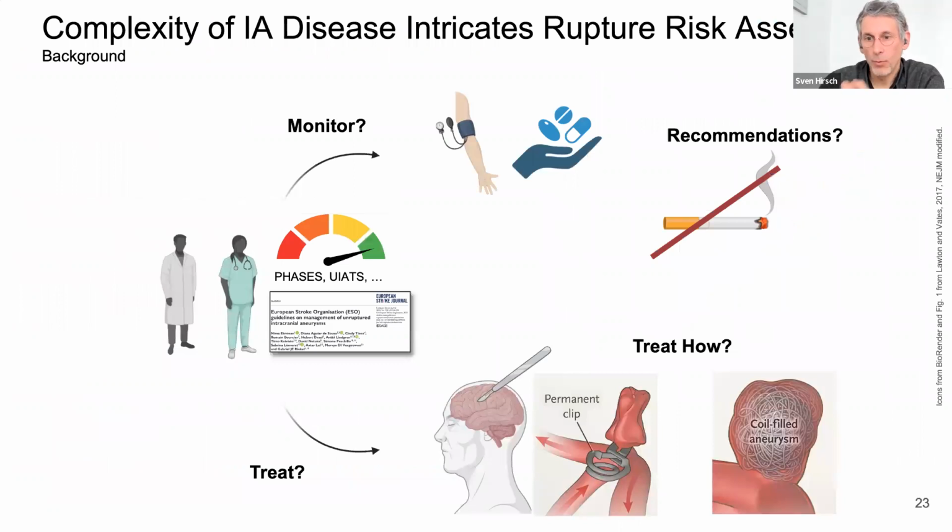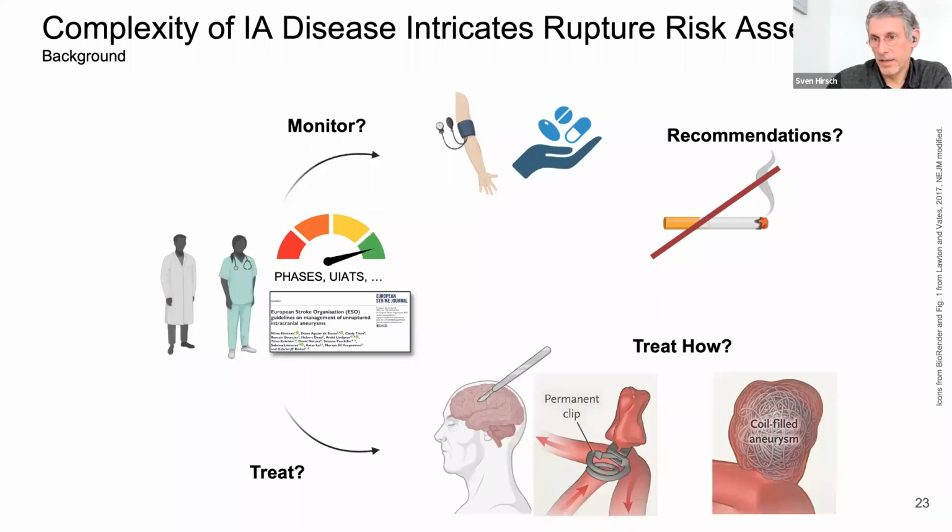Now we're coming more to the data side. I've explained a bit about the imaging, and now the second thing that the clinicians have at hand is these so-called scores, like PHASES and UIATS. PHASES you will see in a second. UIATS is the unruptured intracranial aneurysm treatment score.